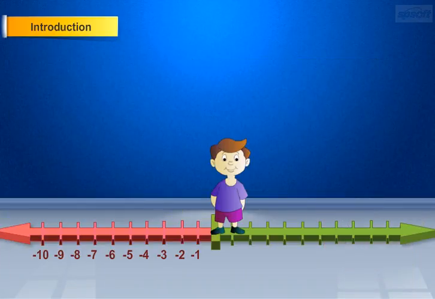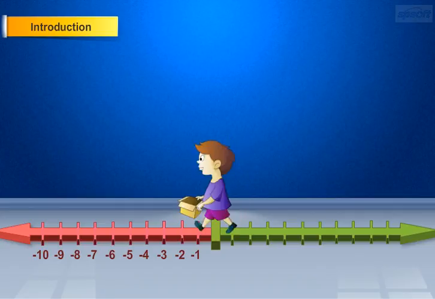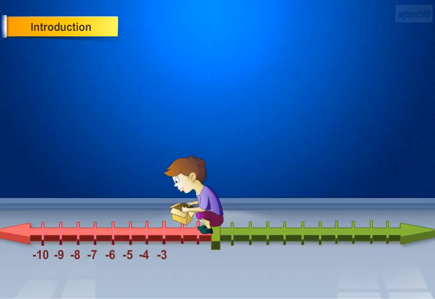Now you are at 0, move forward towards left of number line. Here, you can observe many negative numbers. Collect all the negative numbers, and keep them with whole numbers.